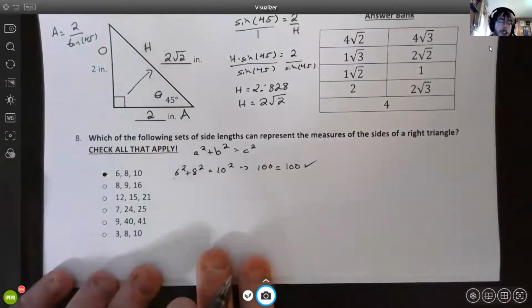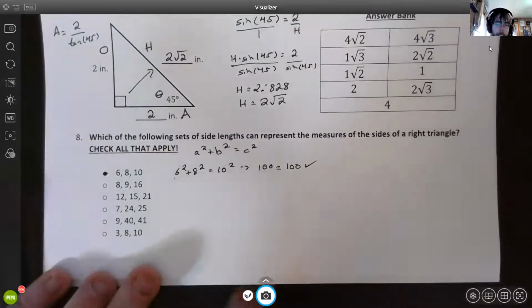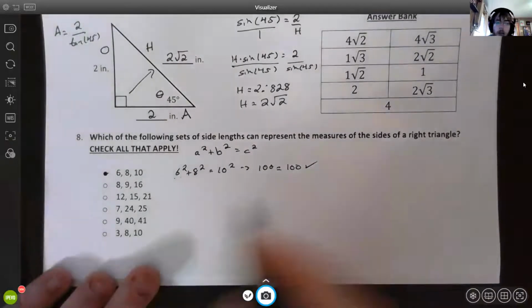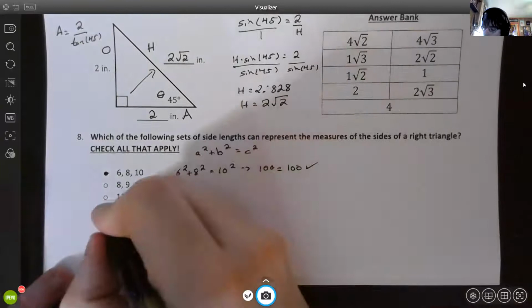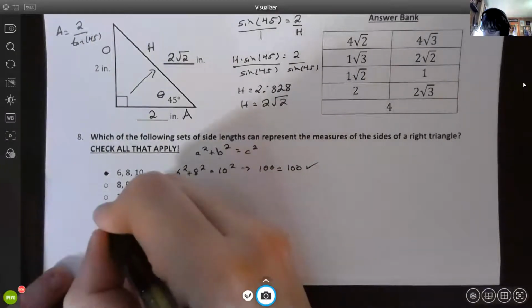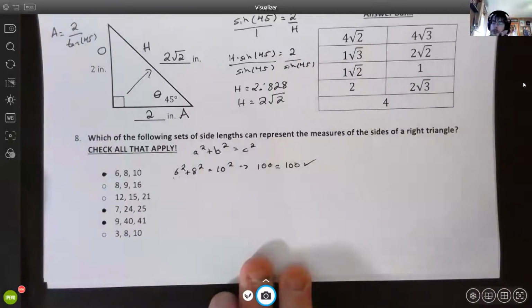I'm not going to work out each one of these. You can see that on the answer key that I upload, but the answers for this one are the first one, the fourth one, and the fifth one. These other ones will not be your answers. They will end up giving you something that's not equal.